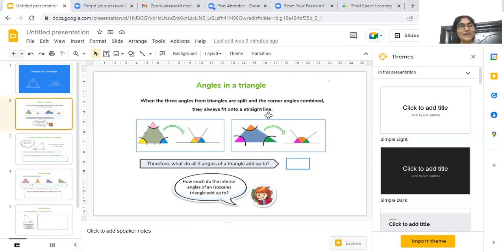Oh wow, so here we got the relationship between the three angles of a triangle and how they fit up in the straight line. Oh, so you are aware that angles on a straight line add up to 180 degrees. Oh yeah, that's amazing. I'm pretty pleased with the way you shared your knowledge.